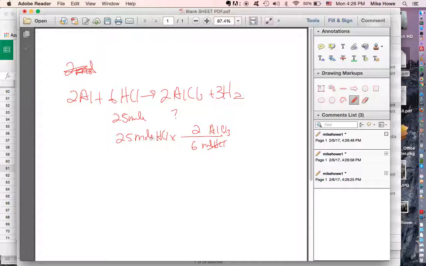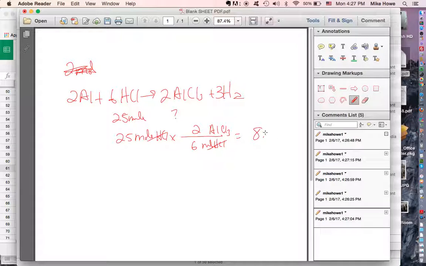Moles of HCl would cancel, and I'd end up with 50 divided by 6. So then you'd pull out your calculator and you'd say 50 divided by 6. And that would be your answer.